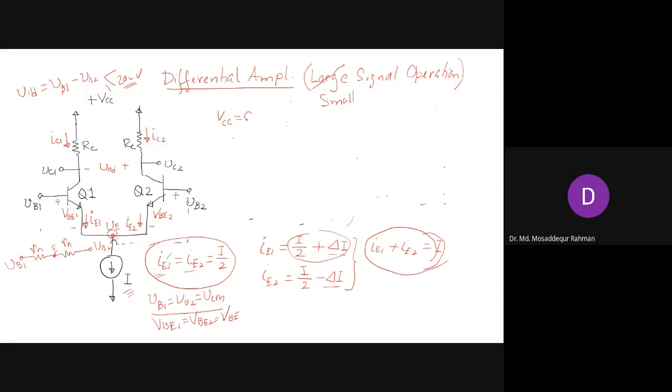The DC supply voltage VCC will be zero. The supply current I will be zero. You set these voltages and currents to zero before you analyze the circuit for small signals. Is that correct? Yes, sir.